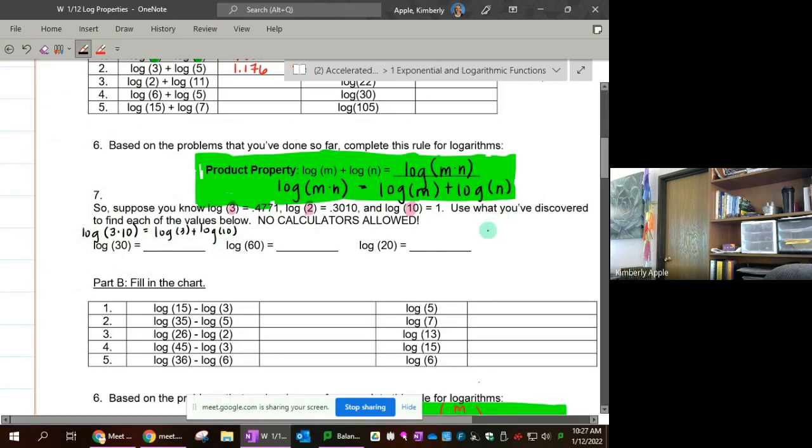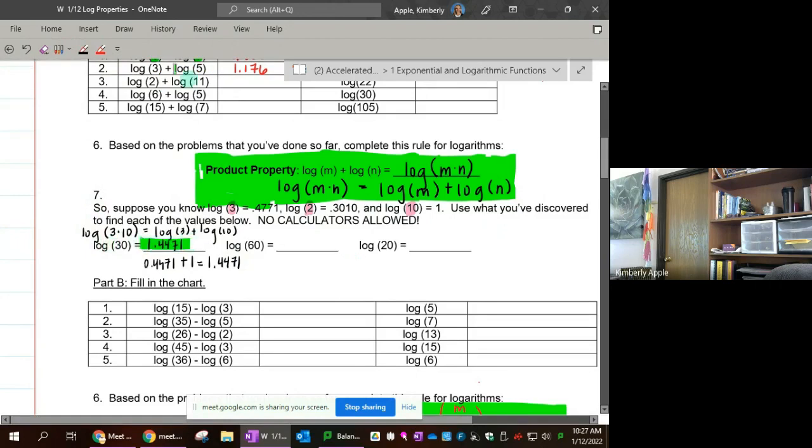Well, what's the log of 3? The log of 3 is 0.4771 plus the log of 10, which is 1. And so the answer there, you would just add that without a calculator, back to elementary school. And that's just 1.4771 is your answer. We're going to do the other 2 as well.